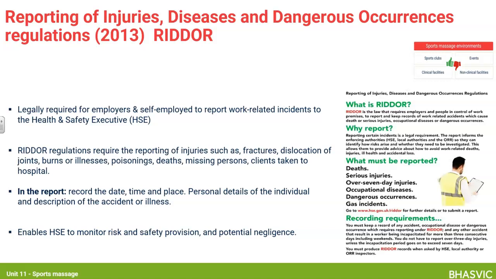So if by any chance, I'm trying to think of how this would happen as a massage therapist, but if, for example, you weren't manual handling a client correctly, they fell off the couch and broke a bone, it would probably need to be reported under RIDDOR. It's part of the regulations to report to the Health and Safety Executive. They may or may not investigate it, but you need to inform them of something that happens.